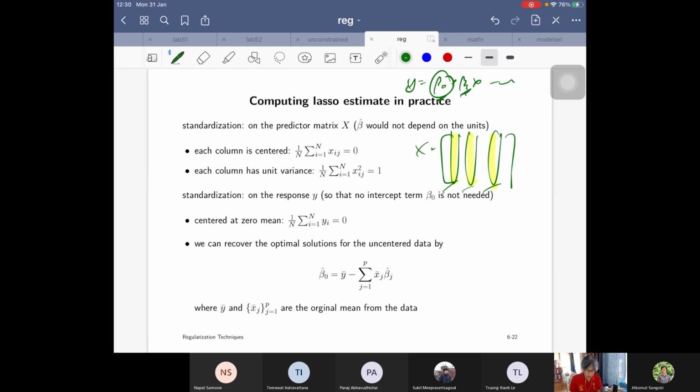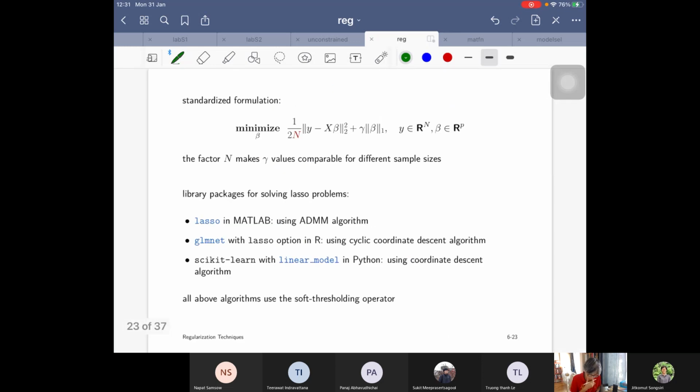We only penalize beta, because we would like to interpret that beta k is 0 means that xk is not significant. So no intercept term. If you have no intercept term, we center the response instead. We center it at 0. Remove the mean.